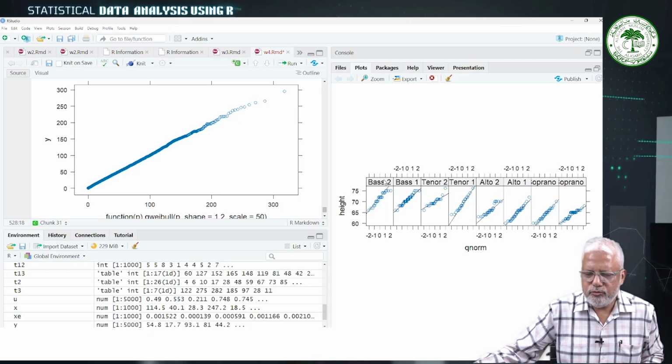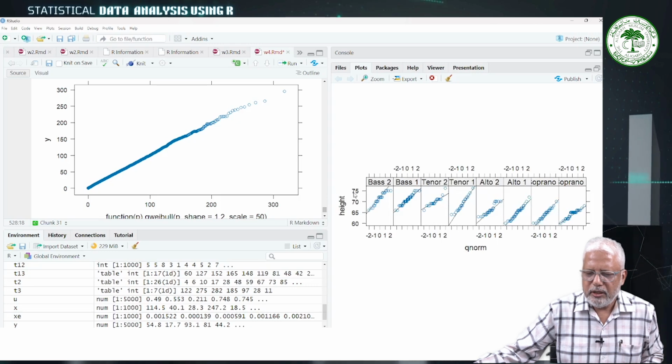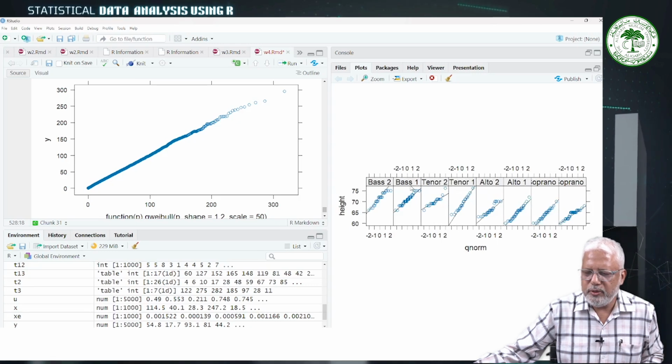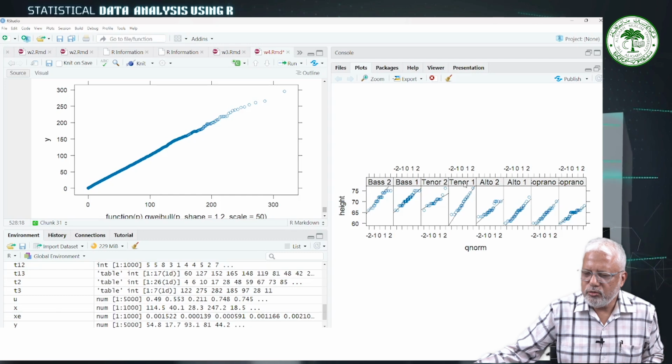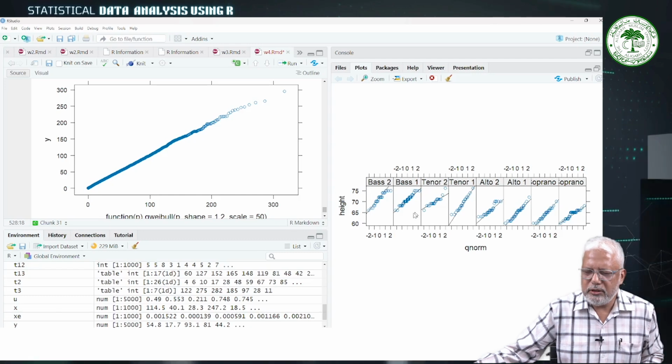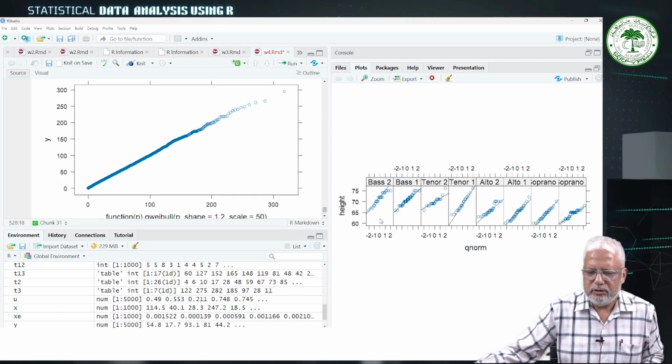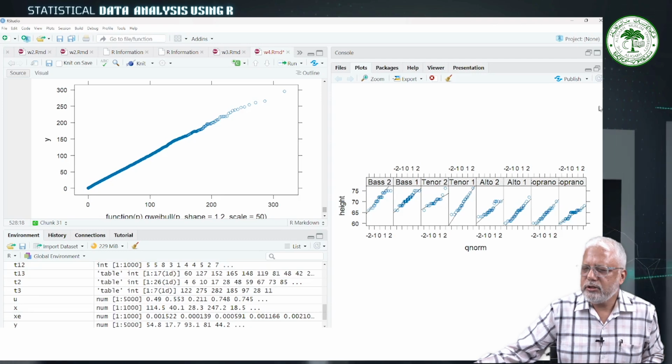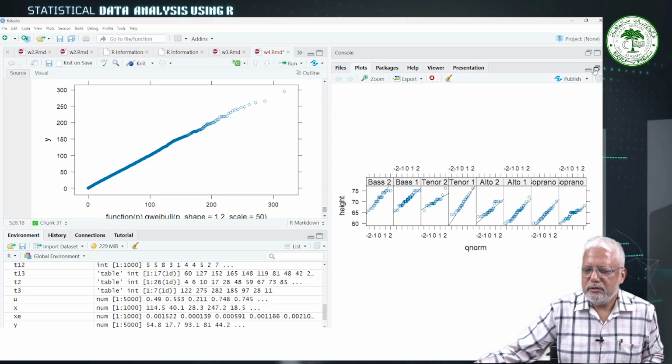First we should understand the data. These are the heights of the singers of bass 2, bass 1, tenor 2, tenor 1. First I would like to explain the data.